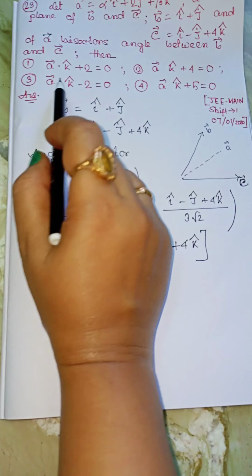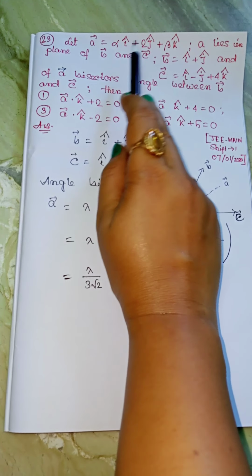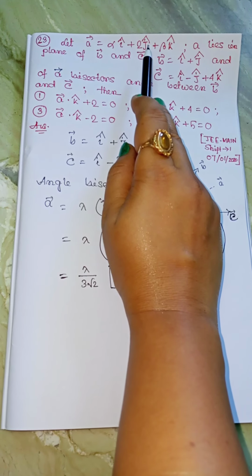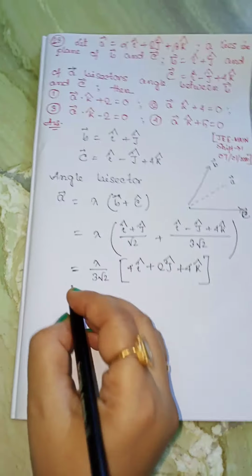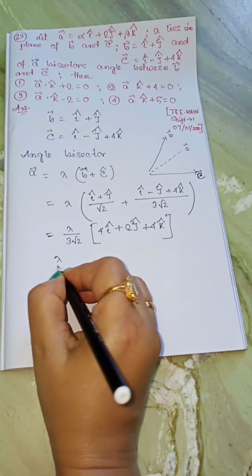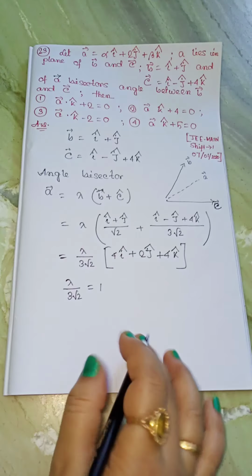As vector A is given, that is alpha i cap plus 2 j cap plus beta k cap, it is seen that lambda by 3 root 2 is obviously 1.